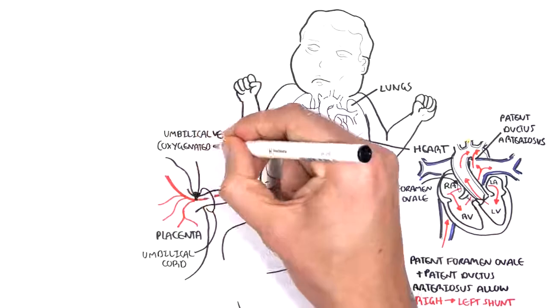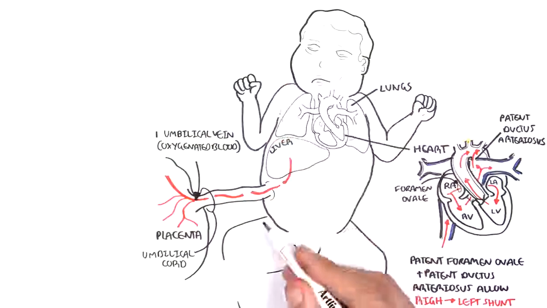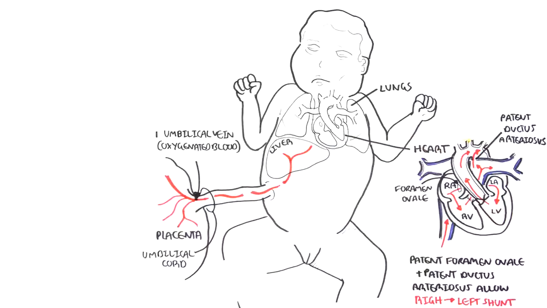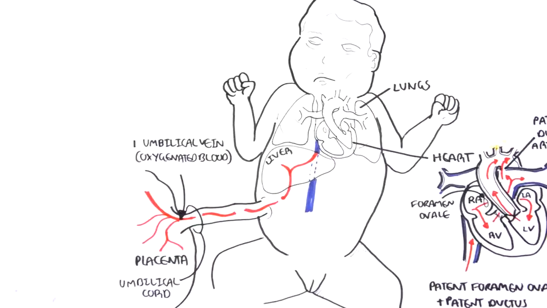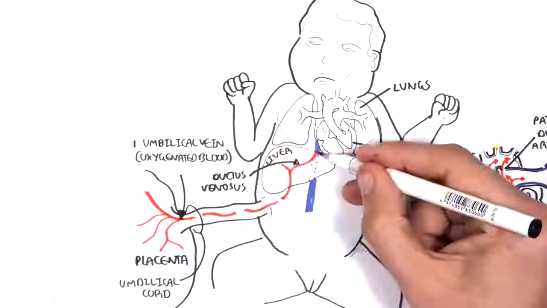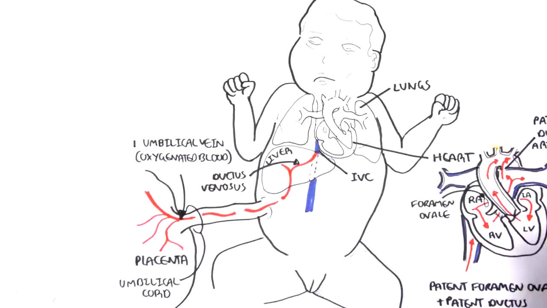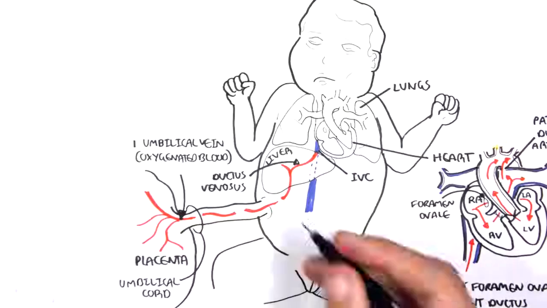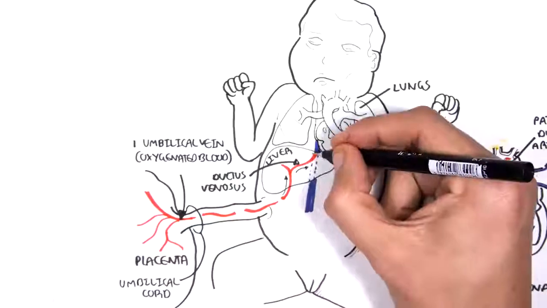It's called the umbilical vein because a vein travels back to the heart. Again, the one umbilical vein, which is oxygenated, travels to the fetal liver and becomes the ductus venosus, which then will join with the inferior vena cava here drawn in blue. The inferior vena cava in blue here is blue because it contains deoxygenated blood from the fetal circulation.